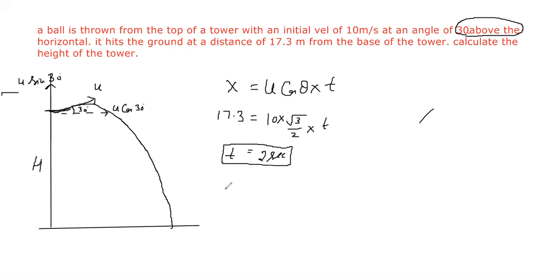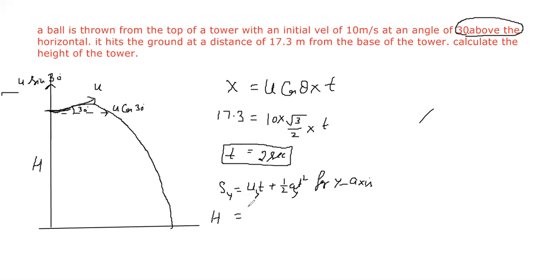Now we calculate capital H. So S equal to ut plus half a t square for the y-axis. So we can write Sy equal to uy t plus half ay t square.